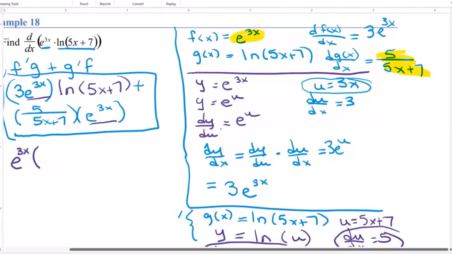Then for this whole term, I have left 3 times ln of 5x plus 7. Plus, well, this is already factored out, so I get 5 over 5x plus 7. And that should be my final answer.